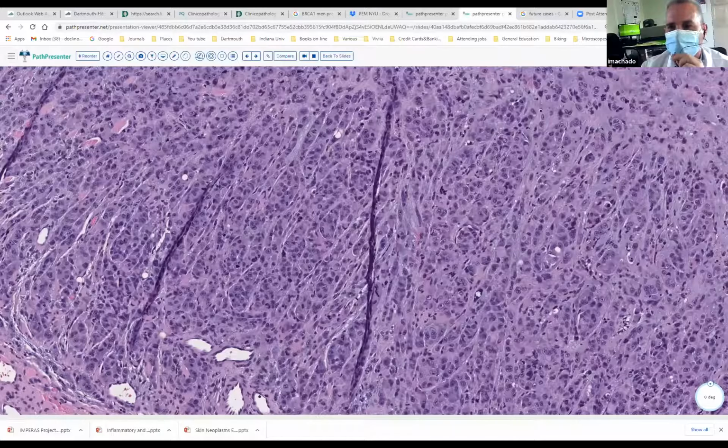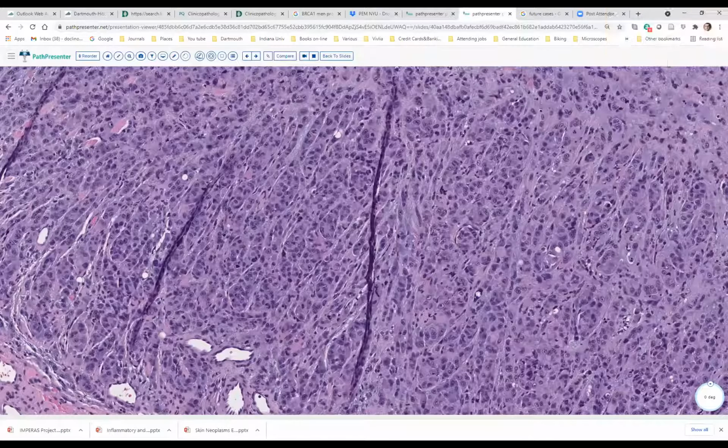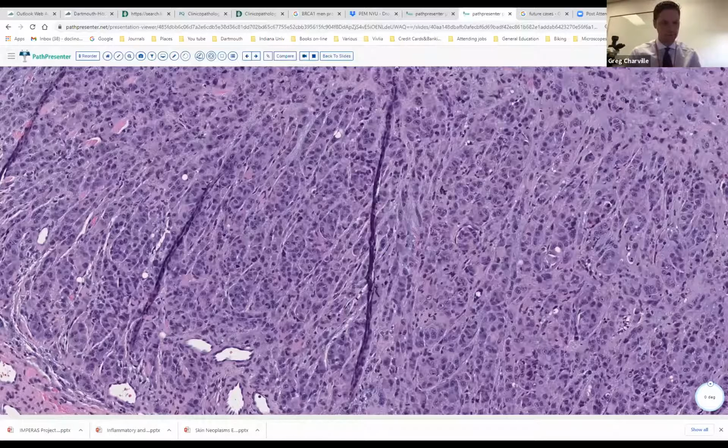I guess we could also add epithelioid sarcoma to the differential, though. I mean, the more discohesive areas appear unusual for that, but potentially some SMARCB1 or other PRC2 complex deficient tumor. That's all really good thoughts, and you're spot on.